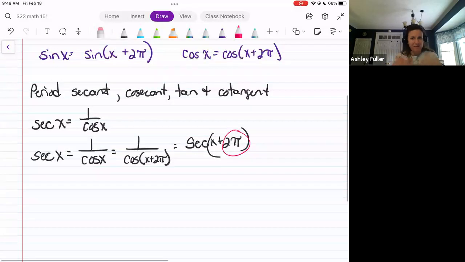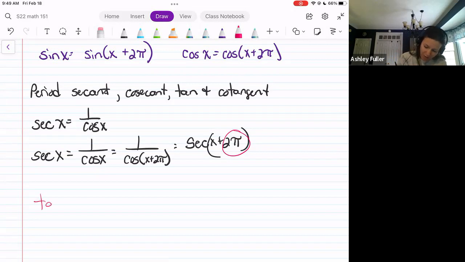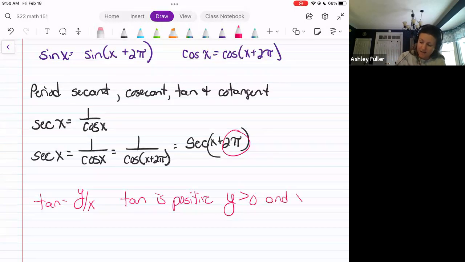Well, we may think it must be 2 pi again, but remember that if we have some angle, the tangent of that angle is y over x. So tangent is going to be positive anytime y is greater than 0 and x is greater than 0, or anytime y is negative and x is negative, which may indicate to us that this period is going to be reduced some.